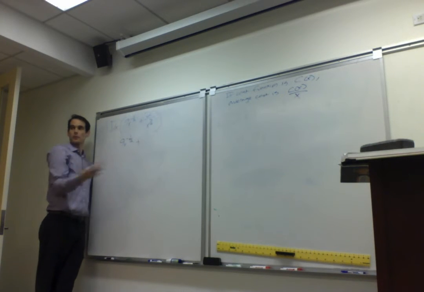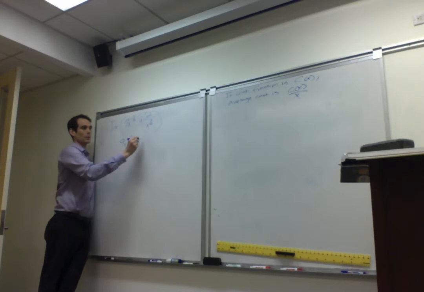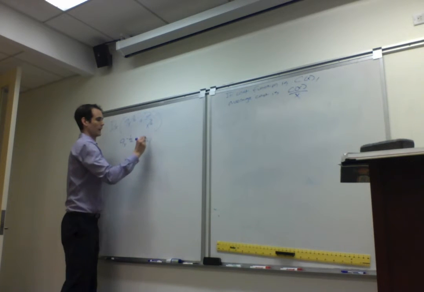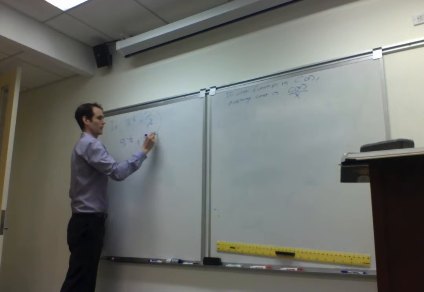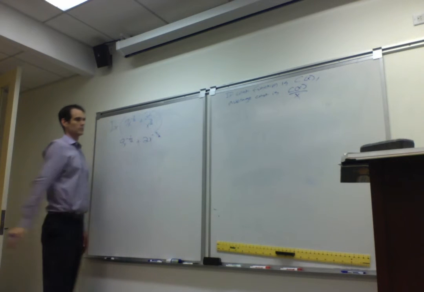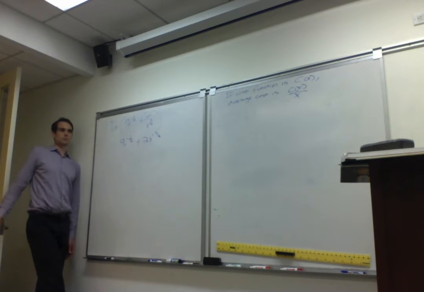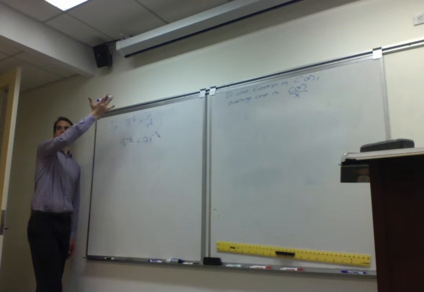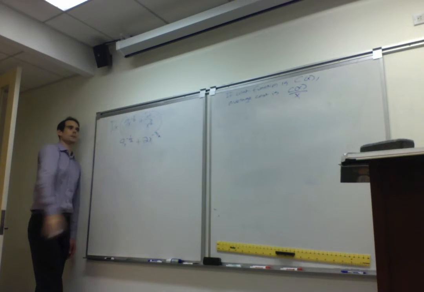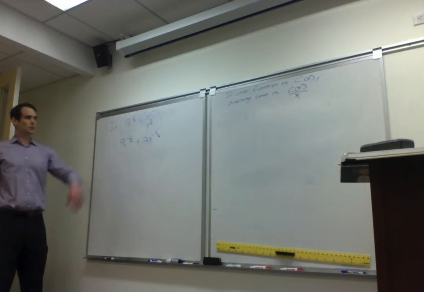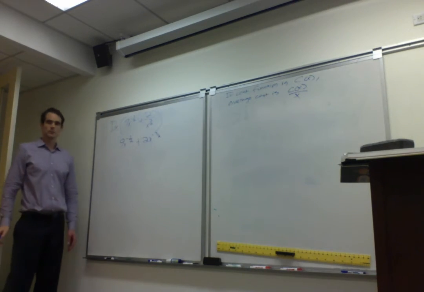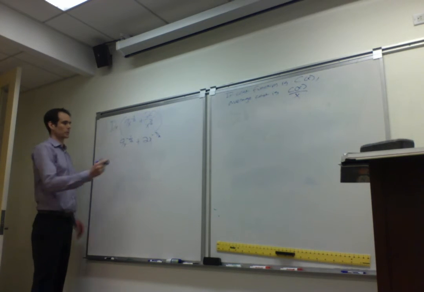So 2x to the negative 3/2. Once we get to this point, we're golden, right?